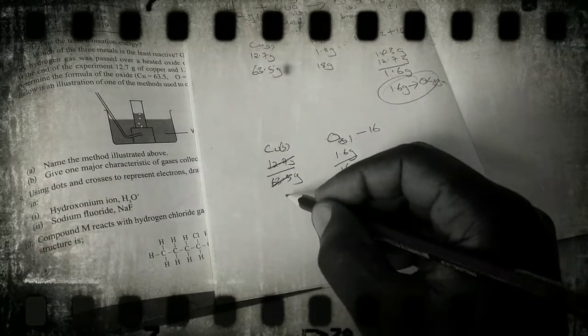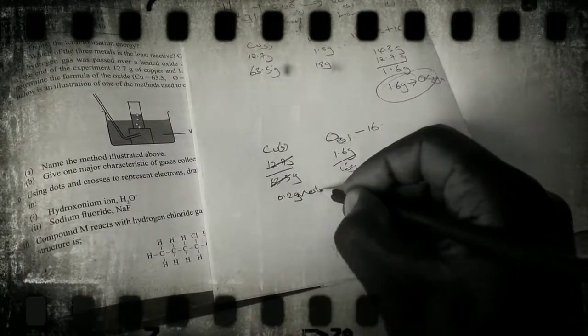Here we'll get 0.2 moles for copper and 0.1 moles for oxygen. Now we're calculating moles. Moles is equal to mass over relative atomic mass.